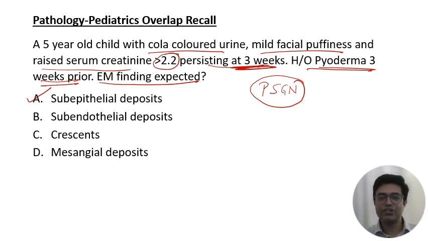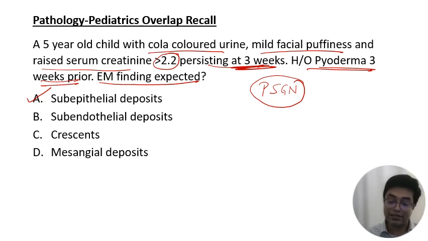She said for PSGN, if the same question comes, I would safely mark subepithelial deposit. But if the same question says serum creatinine has jumped from 2.2 to 8.2 or 9.2 within a few days, or this is persisting at 7, 8, 9 or 10 weeks, then you would suspect that crescentic GN has now set in as a complication in the patient, and there the answer will be crescent.